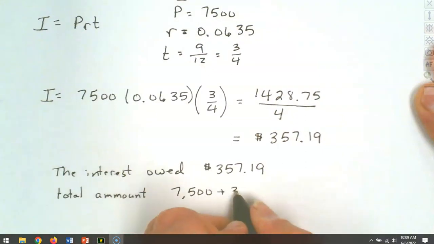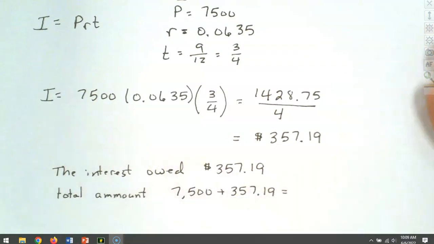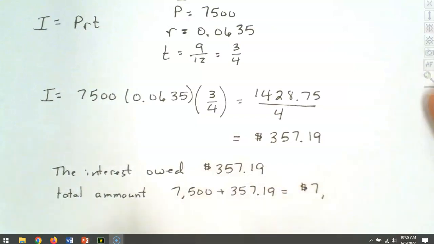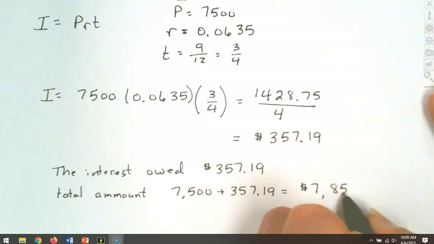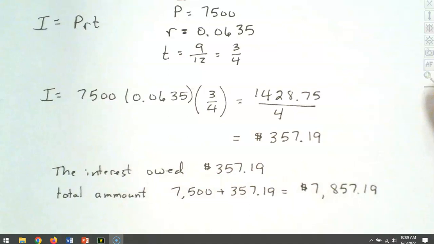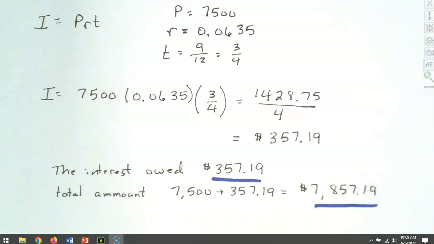We're going to add to that the $357.19, and then that gives me now a grand total of $7,857.19. So there's my interest that I'm charged at the bank, and this is how much the loan actually costs me.